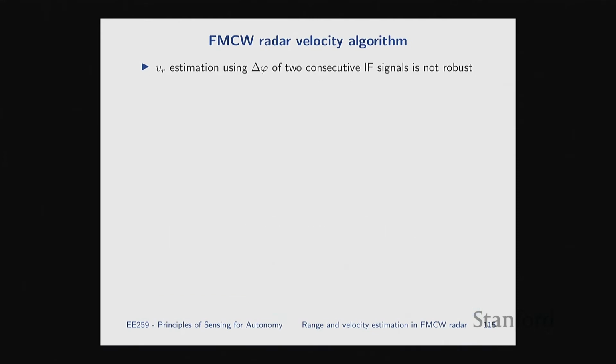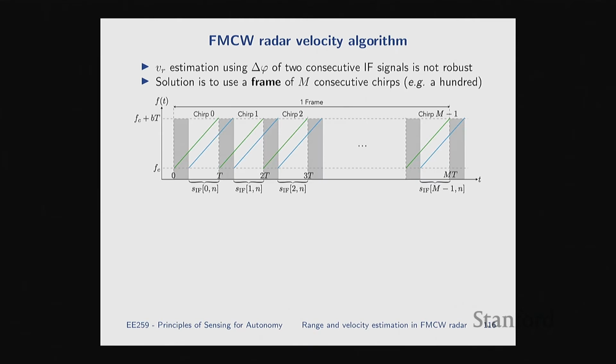So what is done in practice to robustify this velocity estimation algorithm is that you define what is called a frame, and the frame is basically a collection of m chirps that are sent consecutively. Remember that your transmitter is a CW system, constantly sending these chirps forever. On the receiver, in DSP, you can define a frame, and it's up to you how long you take your frame to be.